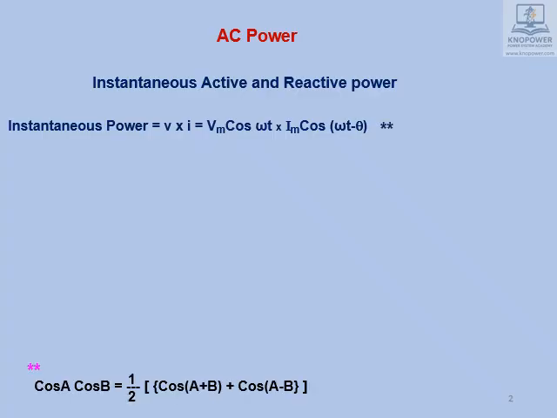From trigonometry, cos A cos B equals half of cos A plus B plus cos A minus B. Applying this relationship, with A equals omega t and B equals omega t minus theta, instantaneous power equals half of Vm Im into cos 2 omega t minus theta, plus cos theta.